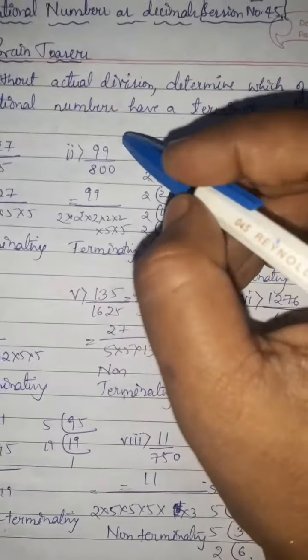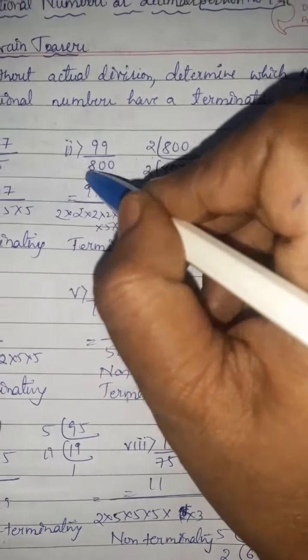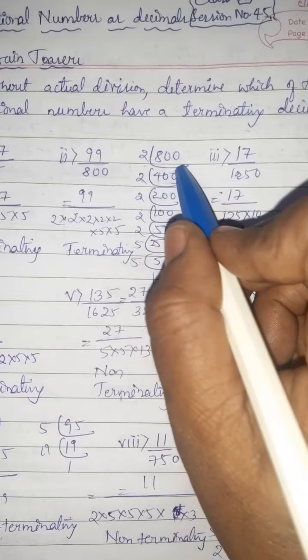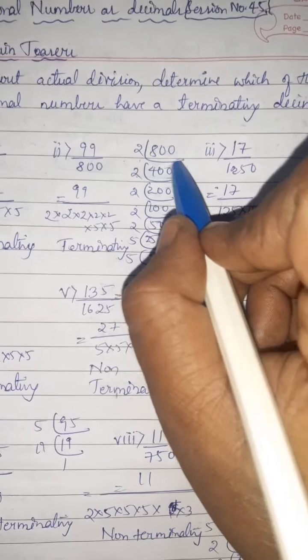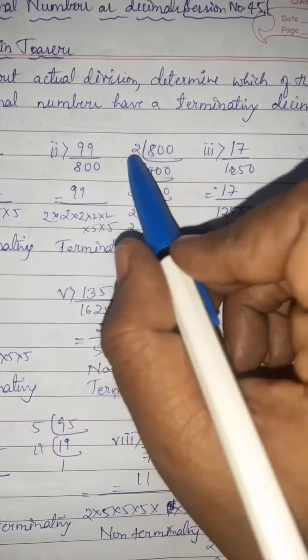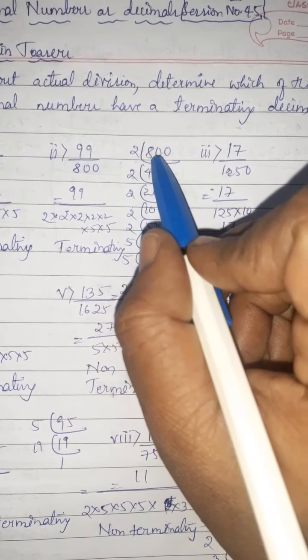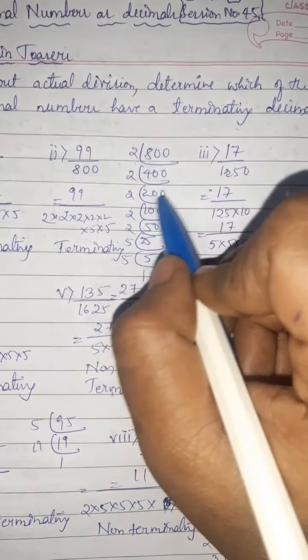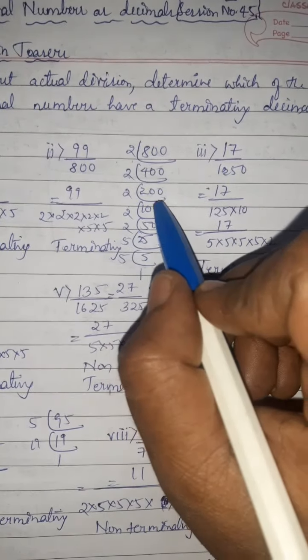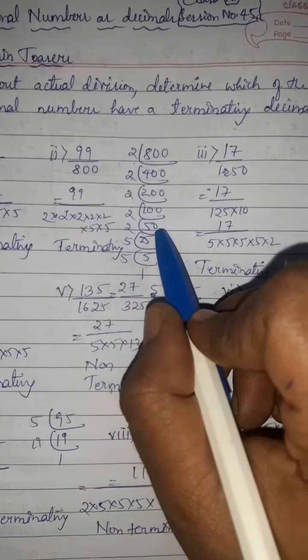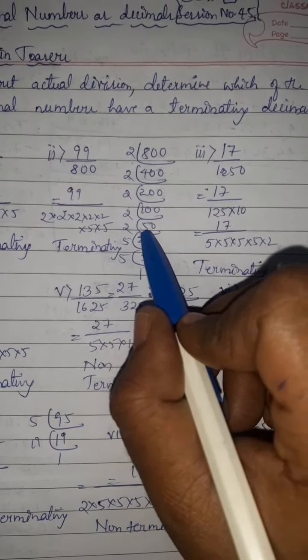Question number 2, 99 divided by 800. 800 we are taking on the rough side and going to do prime factorization. Let us find the prime factors, children. 2 400s are 800, 2 2s are 4, 2 zeros as it is, 2 1s are 2, 2 zeros as it is, 2 5s are 10, 1 0, 2 2s are 4.